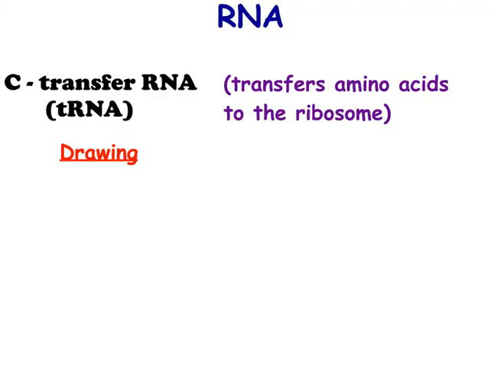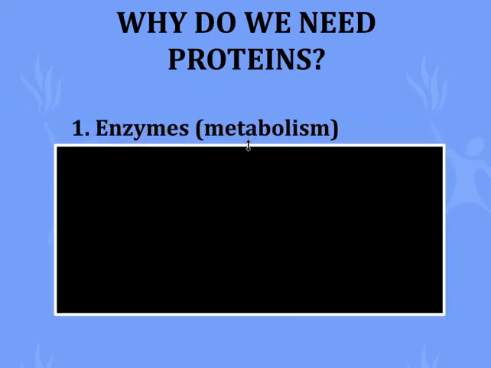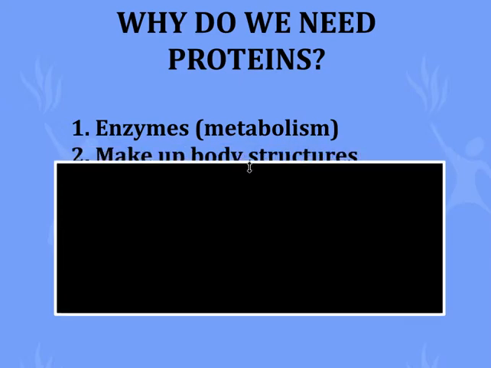And you might be thinking, why in the world do we need proteins? What's the big deal? Why do we need to even know how proteins are made? Well, there are 7 reasons that we've looked at so far. The first one is for our metabolism. Enzymes make up a big part of our metabolism, and proteins are enzymes.